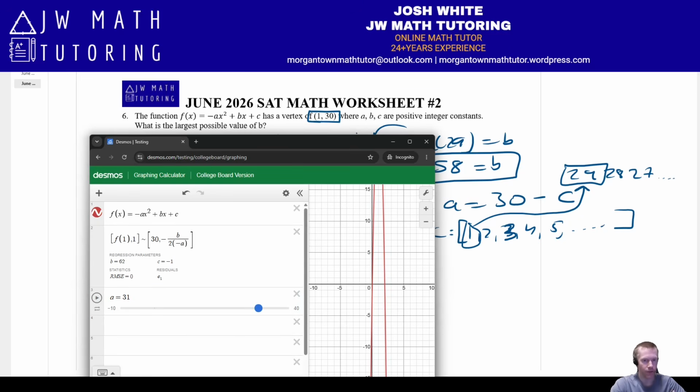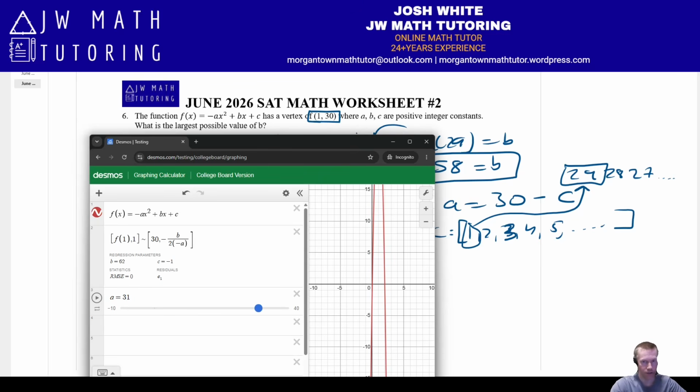Now, you're looking at b, but more importantly, you're also looking at c. You need c to remain a positive integer. So technically, you're looking at two things here. If you notice as you increase a, c is getting smaller, so you're going to go until you have the smallest possible positive integer, which is just 1, and therefore that's how you know to stop, right?